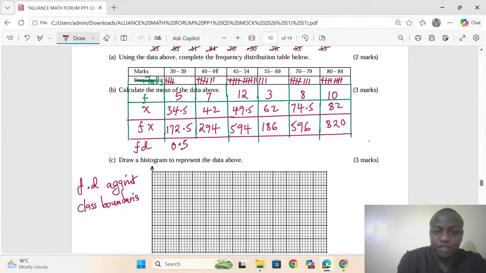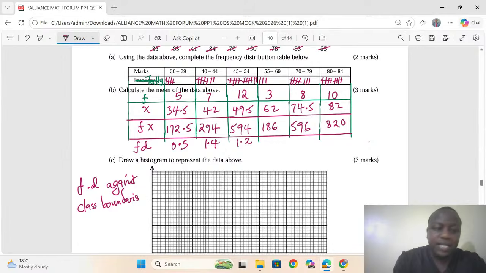From 40 to 44, the width is 5. 7 over 5, so 1.4. The next is a frequency of 12 divided by the width here, 54.5 upper boundary minus 44.5. It's 10. So 12 divided by 10, we get 1.2.